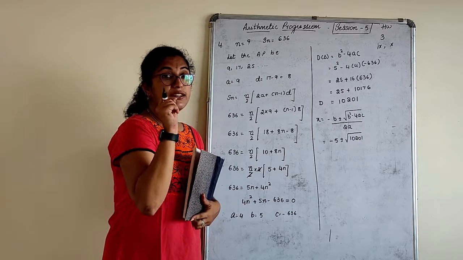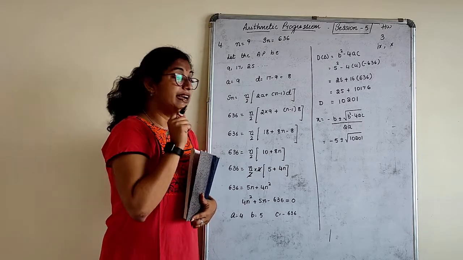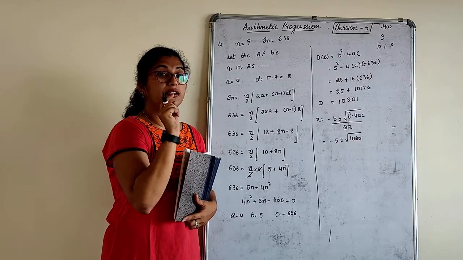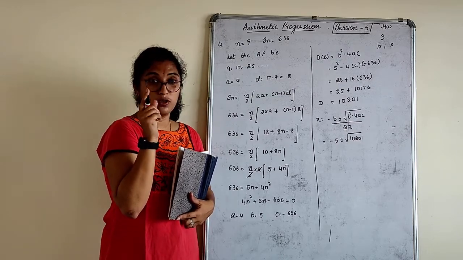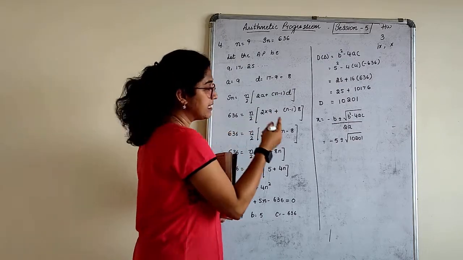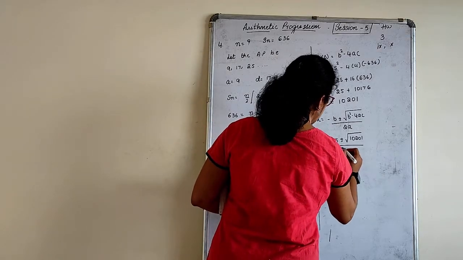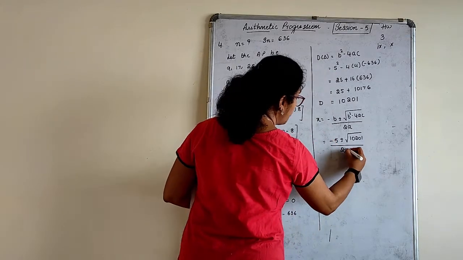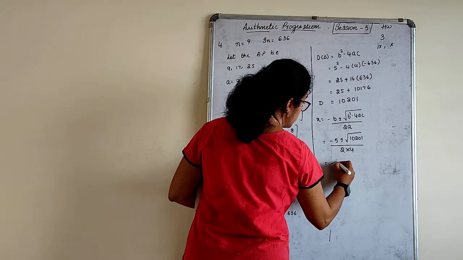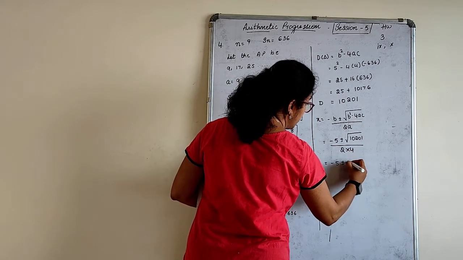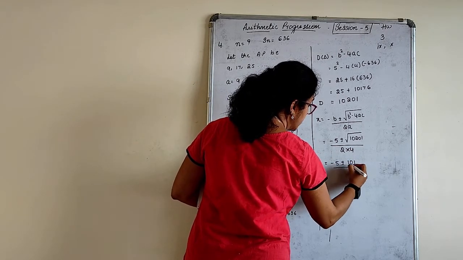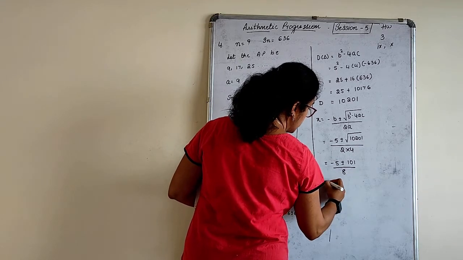If you remember in 8th standard, you had certain numbers where 11 square was 121, and if you add just 0 and 1 to it, then that will become 10201. Do you remember that technique? Yes, that's the same number here. 2a, a is 4. So this is minus 5 plus or minus 101 divided by 4 twos are 8.